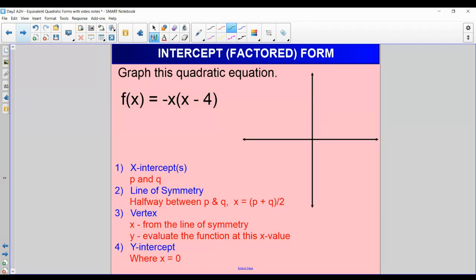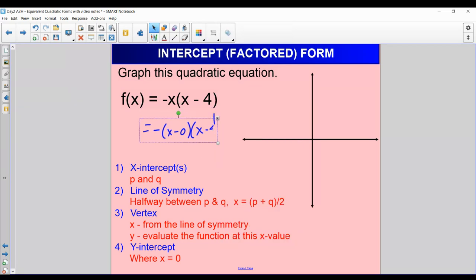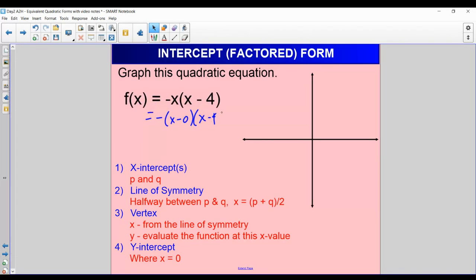So if I'm graphing this, first I need to understand that my first parentheses, x minus 0, tells me I've got an x-intercept at 0.